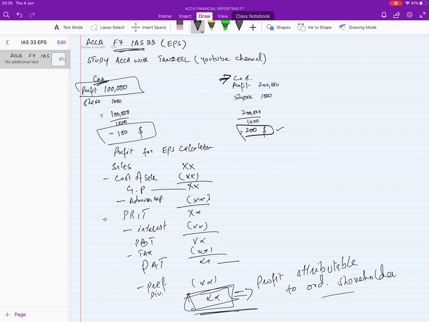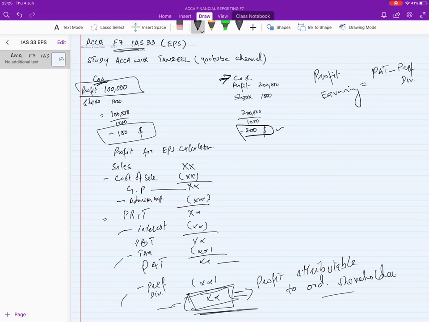So whenever in this IAS I say profit or earnings, it means profit after interest, after tax, after dividend. So PAT minus preference dividend.